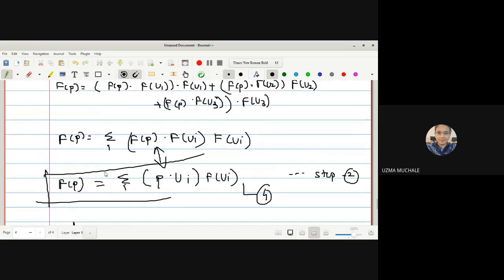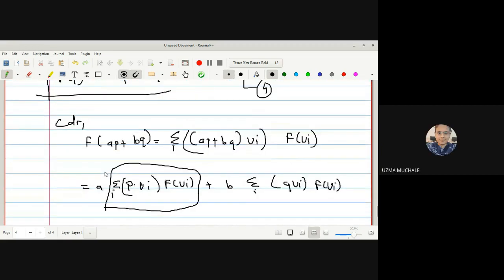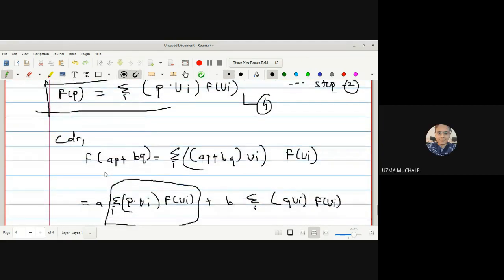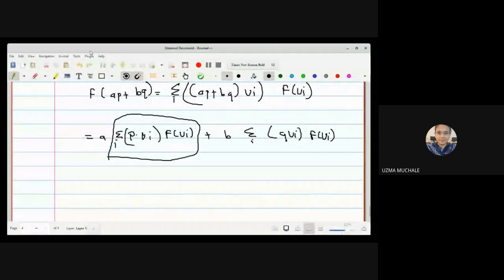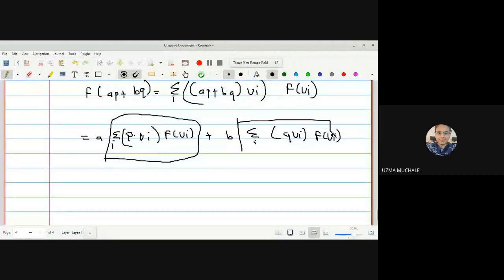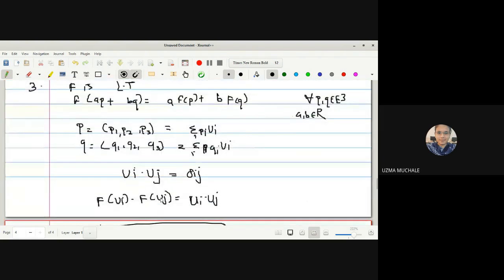Equation 4, it is nothing but your Fp. In a very similar way, what is the value of this term? Fq. So hence I can write this as AFp plus BFq, and hence we have proved the linearity. We started with F of AP plus BQ and proved it is AFp plus BFq, which proves that F is linear.